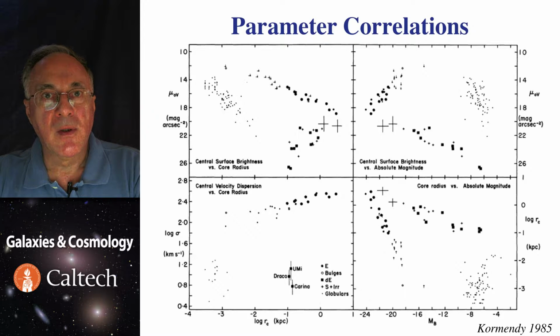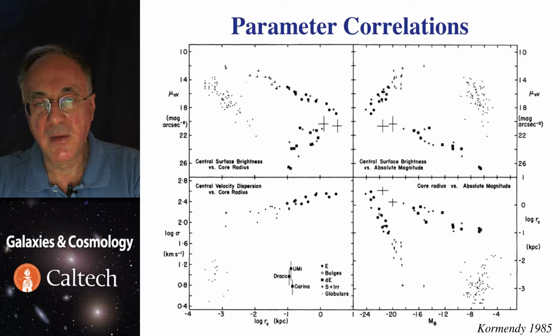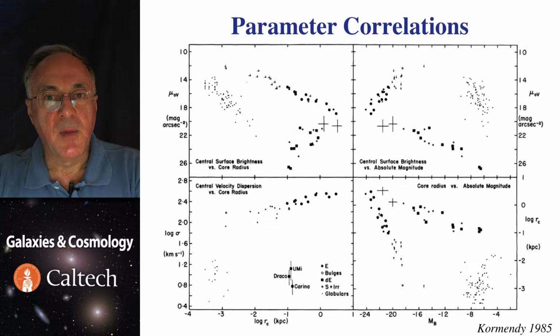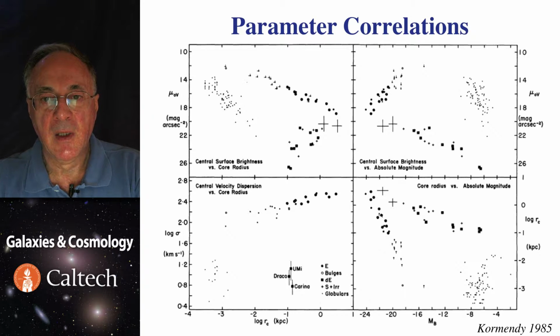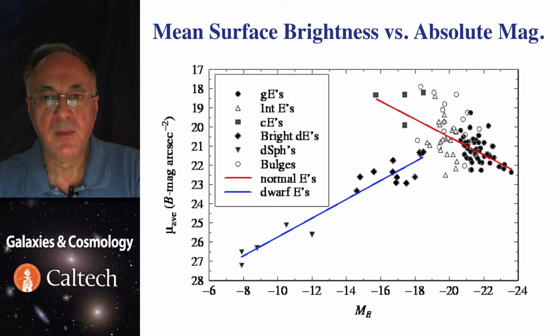They show central surface brightness versus radius in the top left, central surface brightness versus luminosity in the top right, velocity dispersion versus radius in the lower left, and velocity dispersion versus luminosity on the lower right. The two families with thicker symbols are elliptical galaxies and dwarf ellipticals, or dwarf spheroidals. Little dots are globular clusters. And you can see that obviously they separate very cleanly in this parameter space.